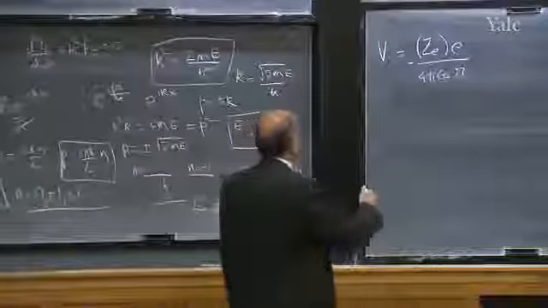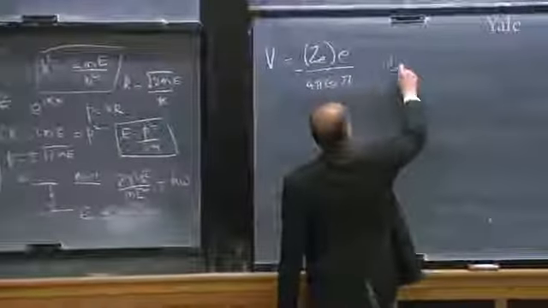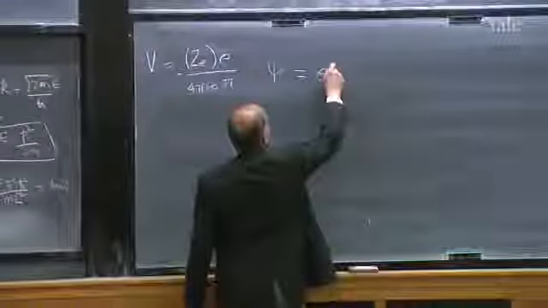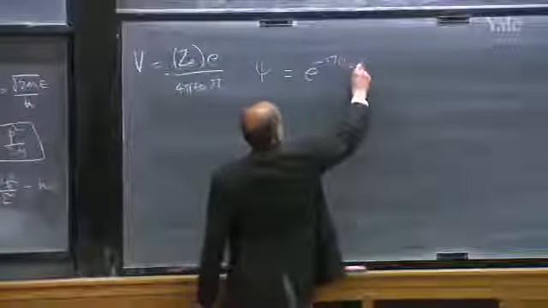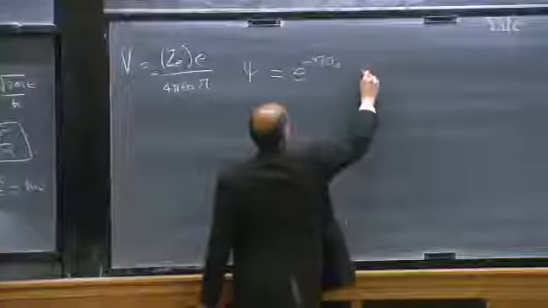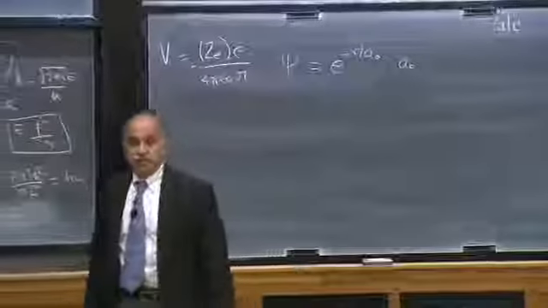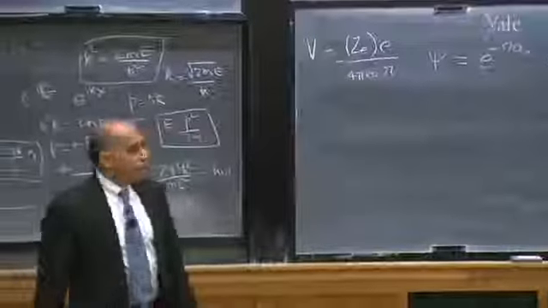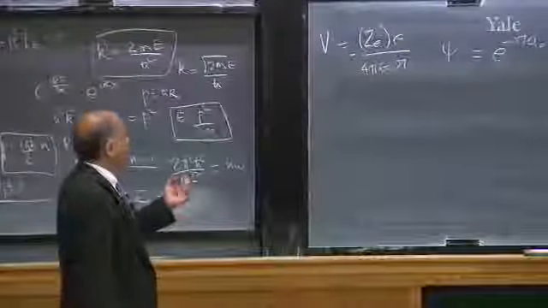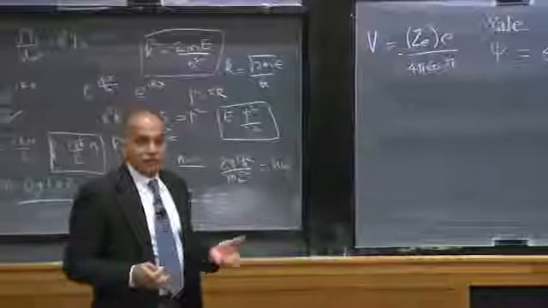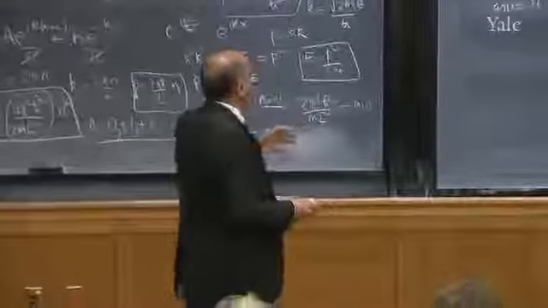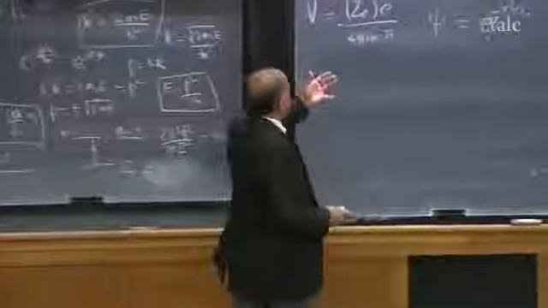For example, if you look at the function, the lowest energy state will look like e to the minus r over a0 times some number, where a0 is called the Bohr radius. That will be roughly 10 to the minus 8 centimeters. That a0 will be a length. You can say, where is the length and the height in an atom? It's no box. The length is a length made out of e, h bar, m.